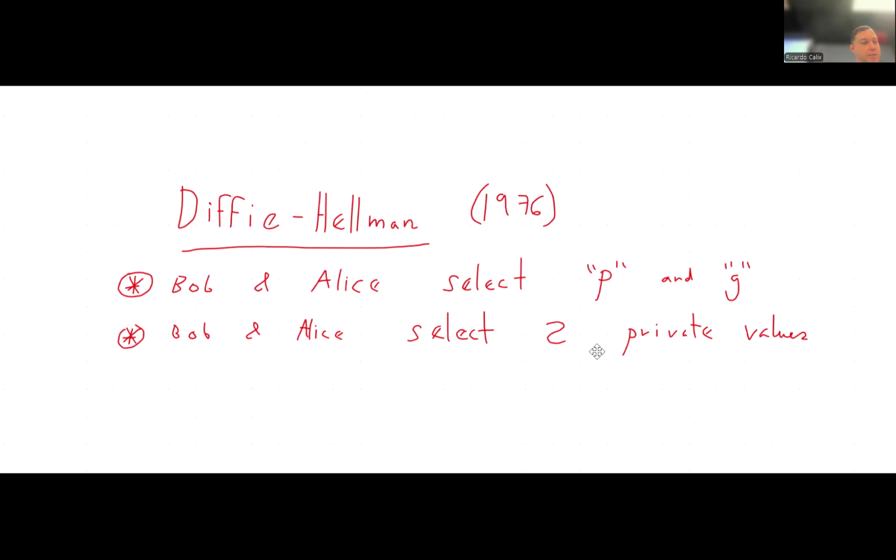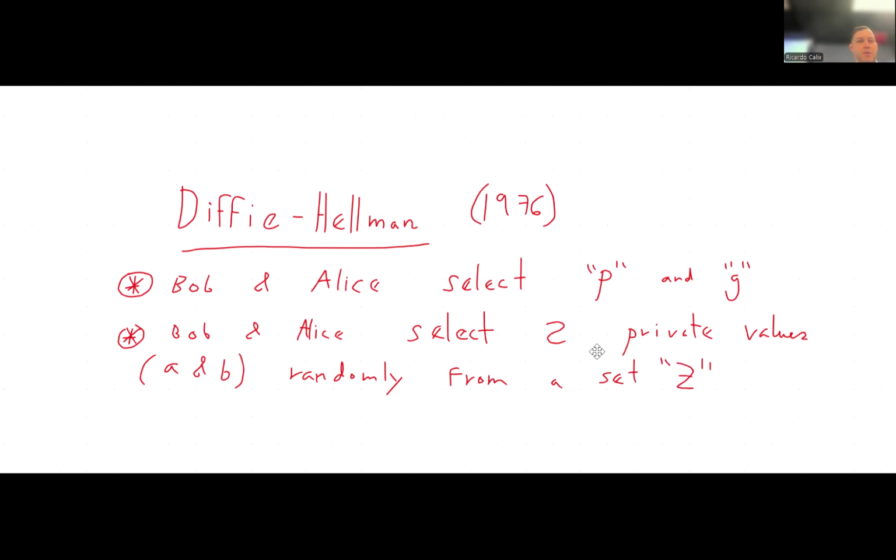All right, so 2 private values, A and B, randomly selected from a previously established group C or set C. All right, so we're going to define these.